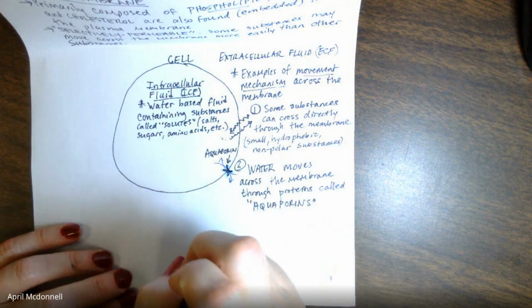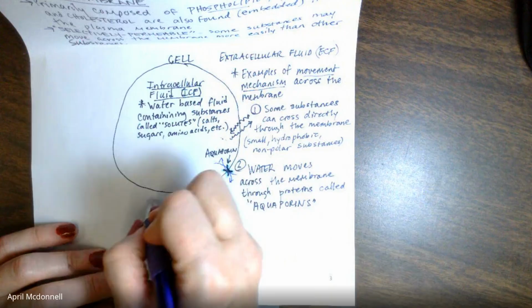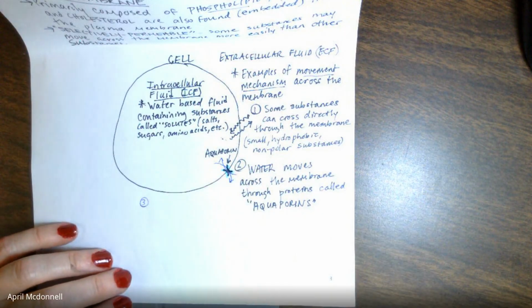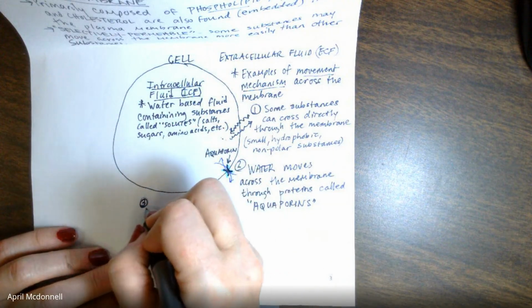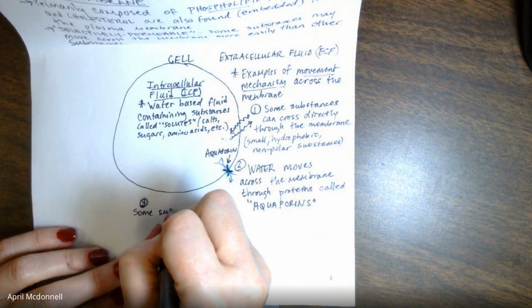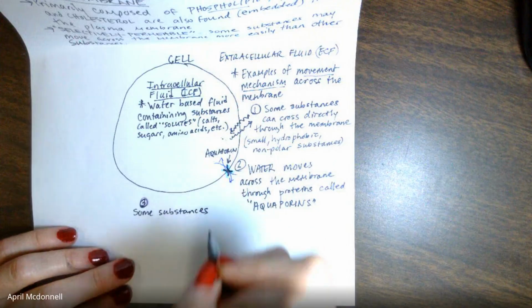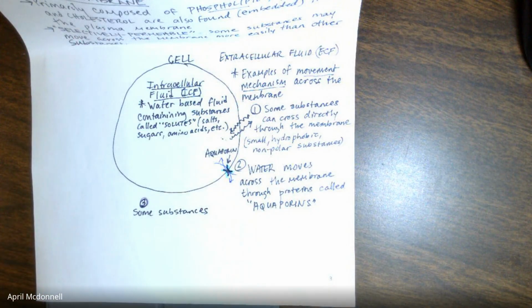Let's talk about the next mechanism. Some substances have to move through a protein that is embedded in the membrane in order to enter or exit the cell. Examples of these substances are larger substances, for example, sugar molecules. I will give more examples of these types of substances later on in the presentation.